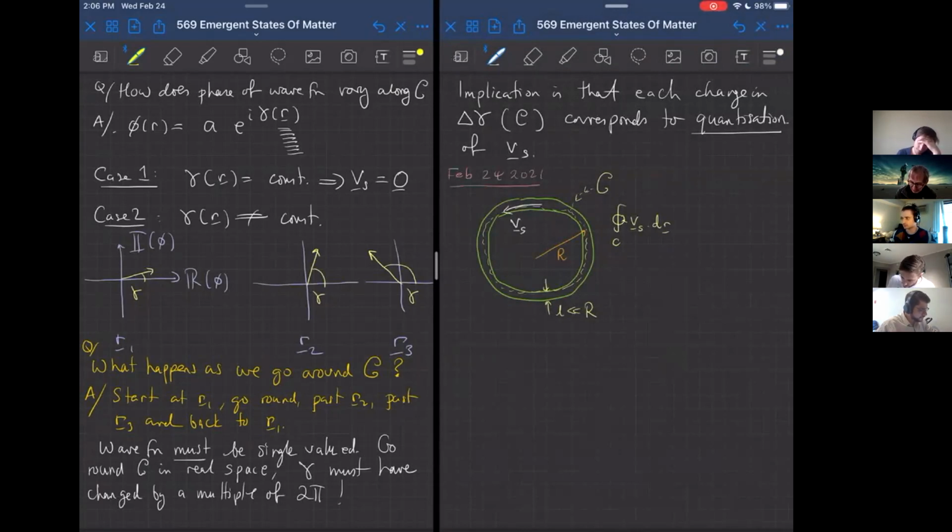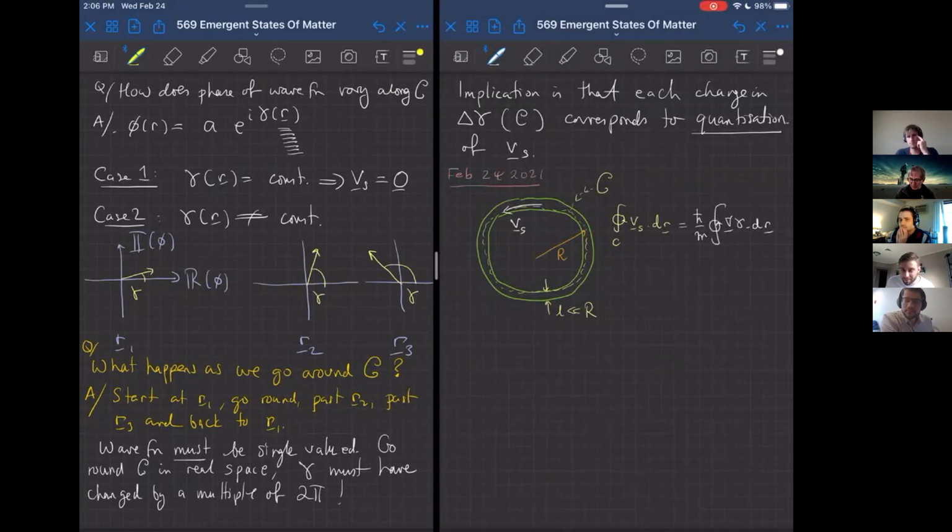So this integral, Vs dot ds, is just h bar over m times the line integral of the gradient of the phase dotted dr.